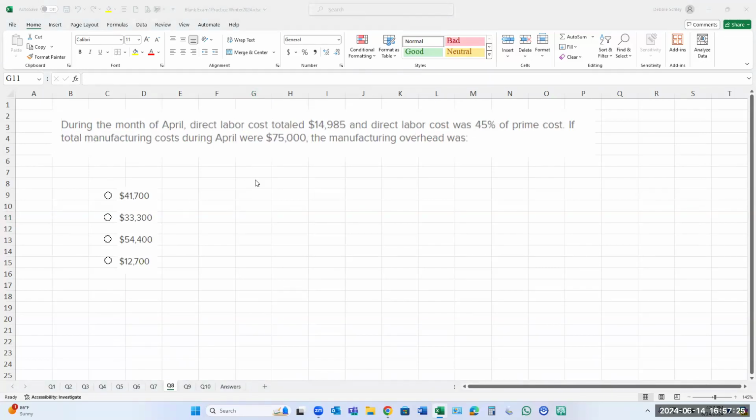All right, question 8. During the month of April, direct labor costs totaled 14,985.